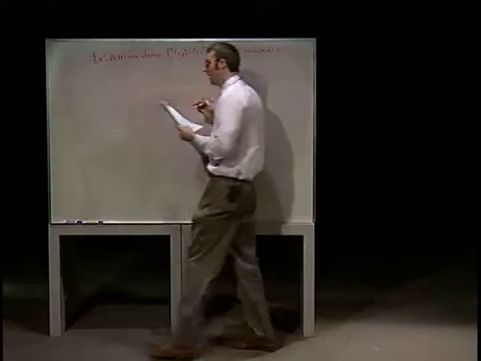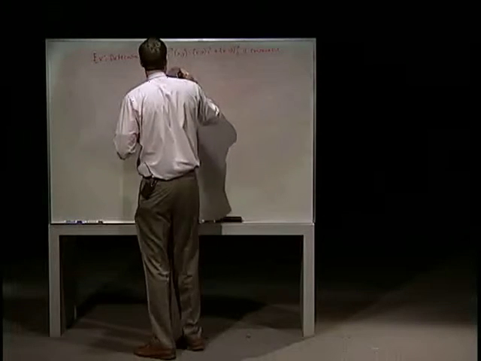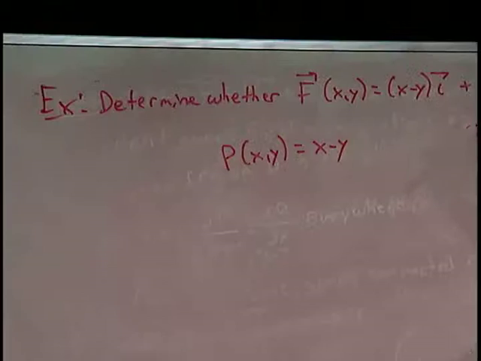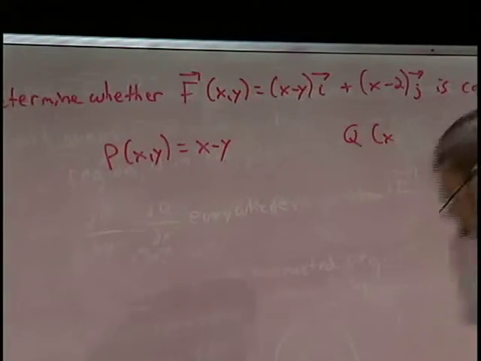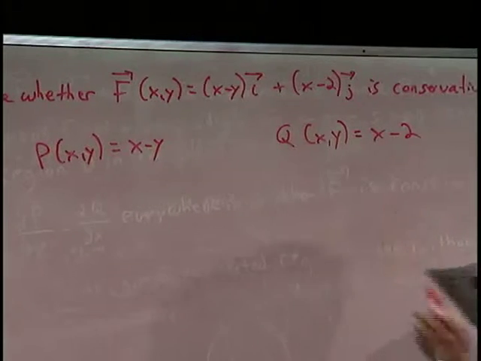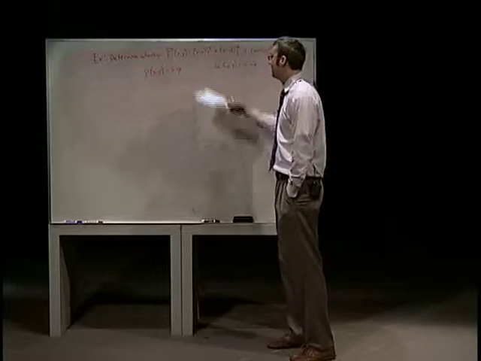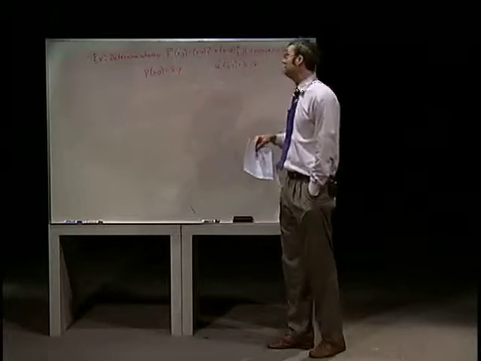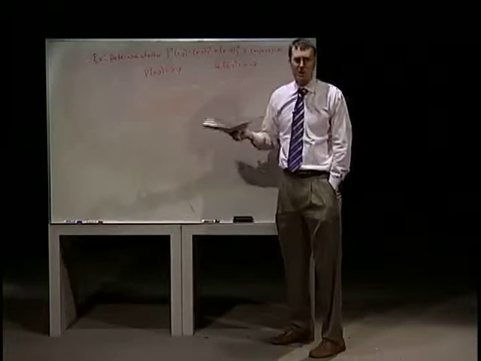Okay? Well, our scalar functions: our i function is p of xy, which is x minus y, and q of xy is x minus 2. Everything is satisfied here. Derivatives have no problem with continuity. This is defined on all the plane, so it's open, it's simply connected, there's no issue with that.